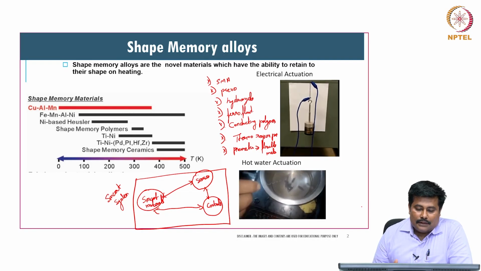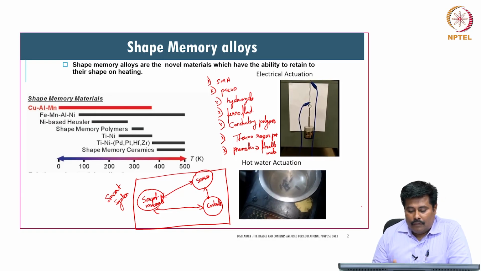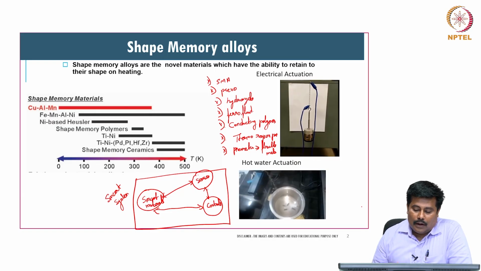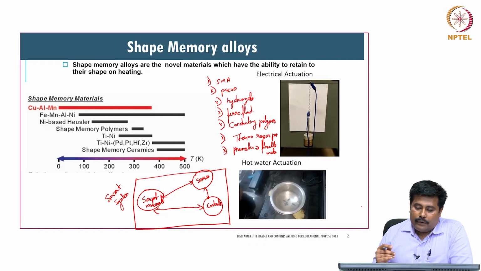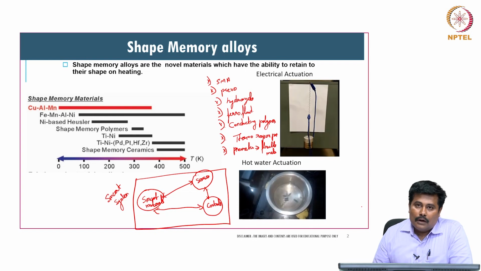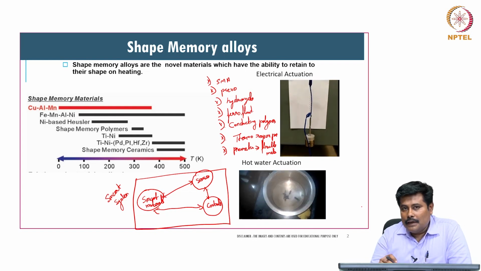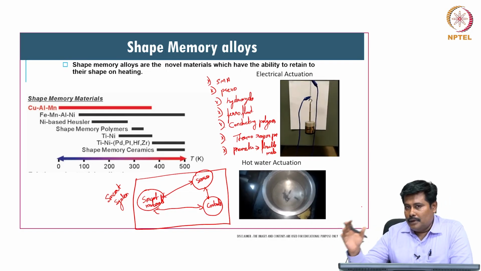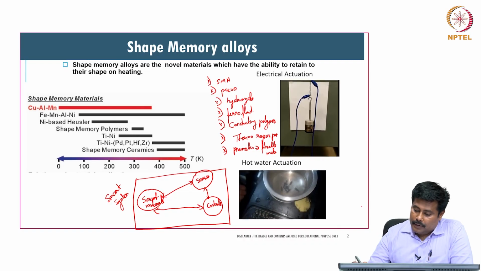Now, when we discuss this family of materials, one question comes to mind: how do we select a particular material or a particular actuator for a particular application? Ideally, we need to consider two important parameters.